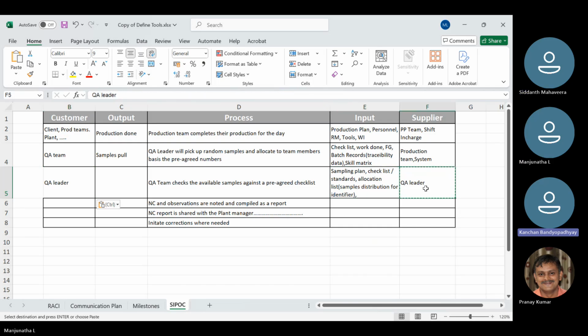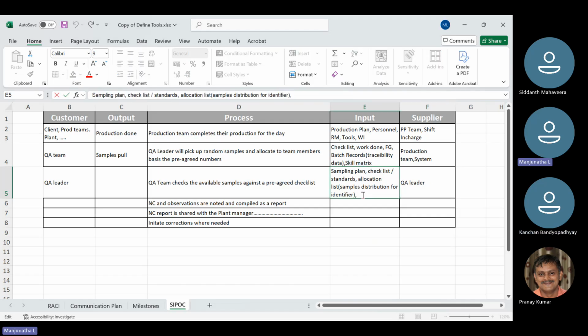The quality SOP, the standard operating procedure, would be my supplier as well, because I have to follow it. So the QA lead and the SOP both would be my suppliers. Here I also thought of the input as a document. I will put that here.